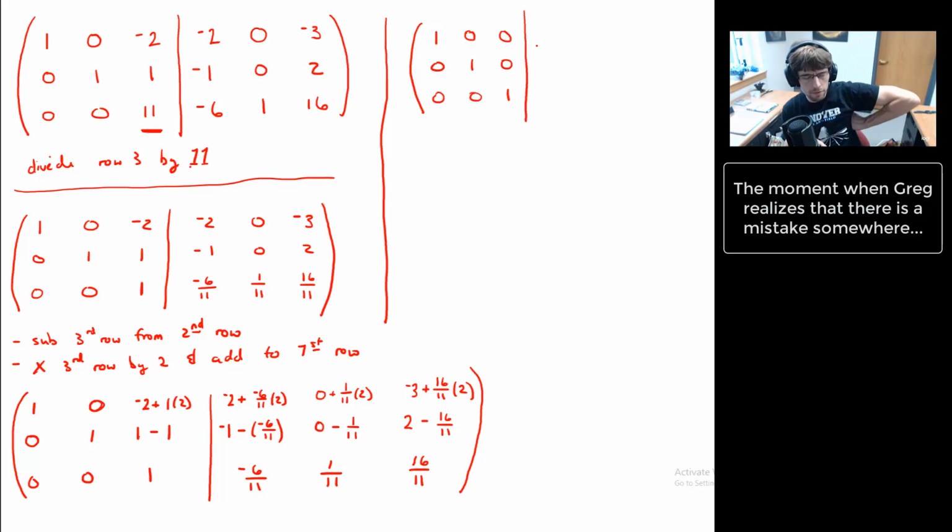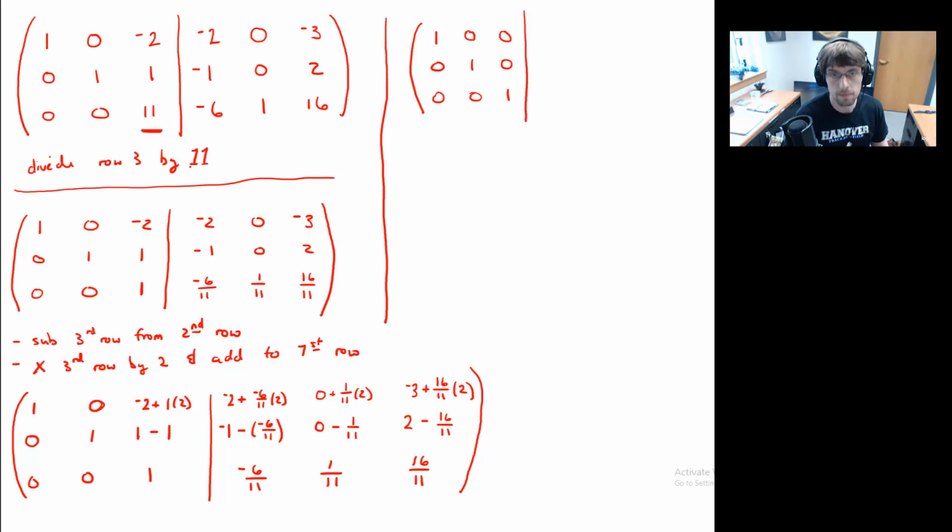Oh, okay, pause. Timeout. Found an error. Sorry, guys. Let me highlight it here. Instead of negative 2, you probably already caught this, that should be a negative 1.